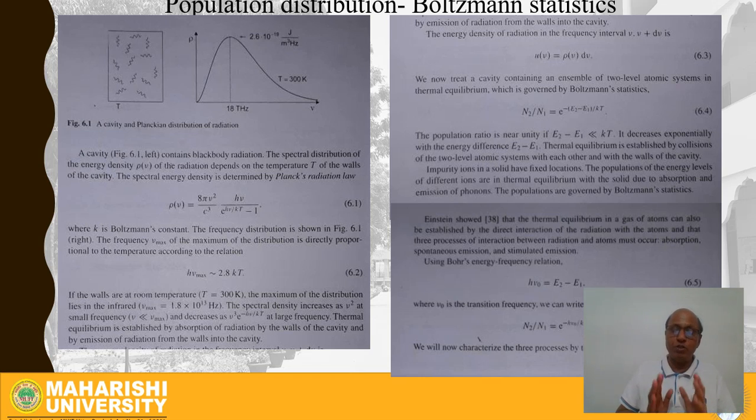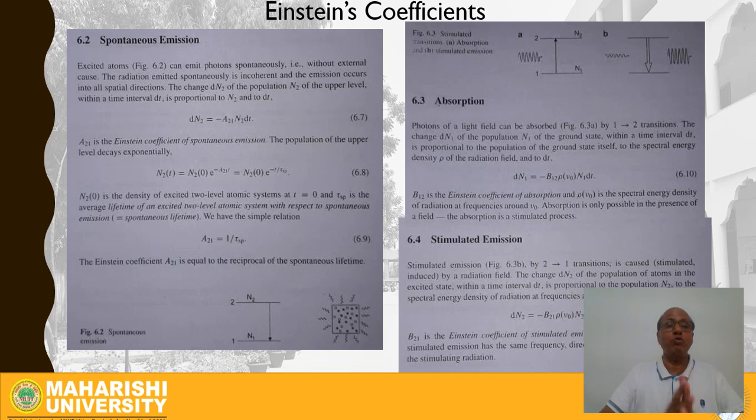Now we are in a position to introduce the Einstein coefficients. So let's move to Einstein coefficients. Now Einstein discussed three major components of his coefficients. First is the spontaneous emission, so we'll discuss it here.